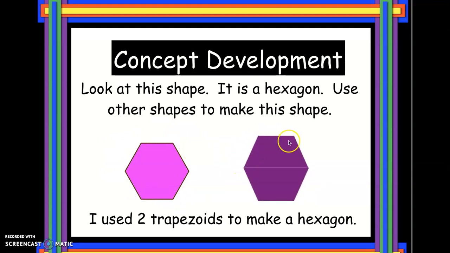Over here I have one trapezoid that I'm outlining right now, and then the bottom of this shape is also another trapezoid. So we could have 2 trapezoids make one hexagon. This right here is a composite shape. Say that with me. Ready? Composite shape. It's a shape that's made up of other shapes. Okay? So we used 2 trapezoids to make a hexagon.